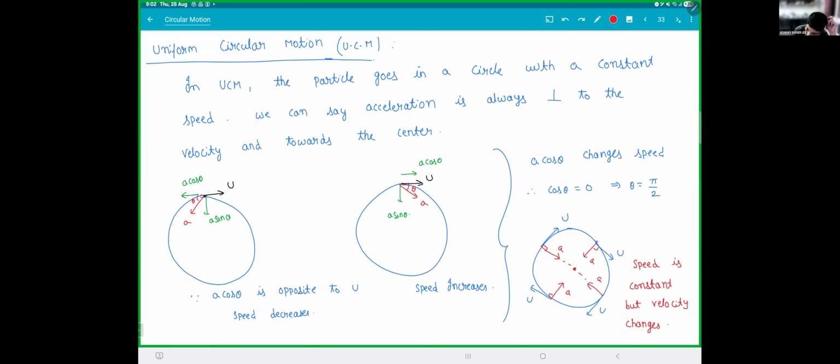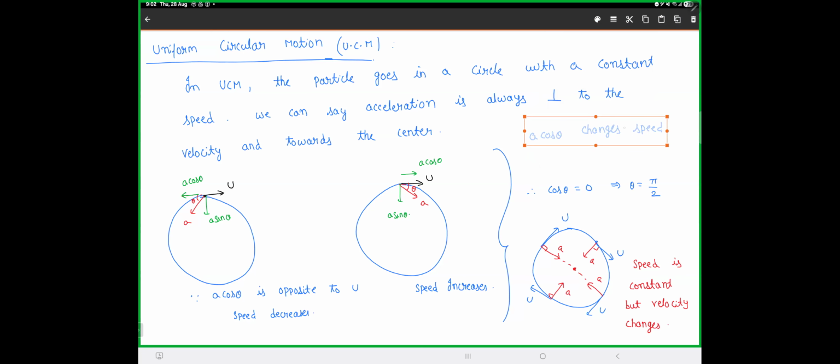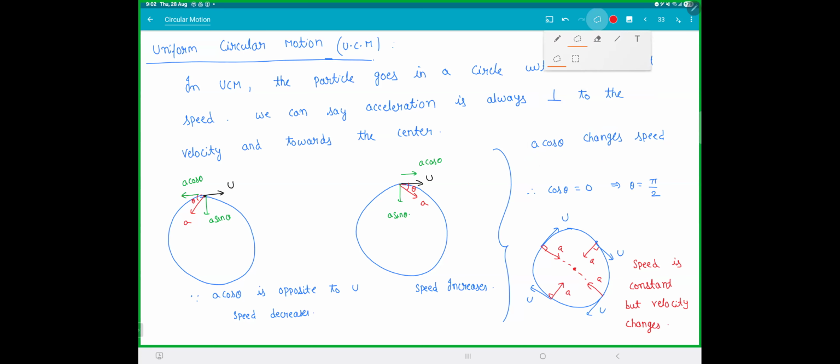So then I just did not understand how you proved theta equals pi by 2 in that case only. a cos theta changes speed, but you don't want the speed to change, right? Yes, that's true. So therefore, a cos theta is 0. You want me to write more statements? I can write it. a cos theta changes speed, but the speed is constant. Therefore, cos theta must be 0. Okay?